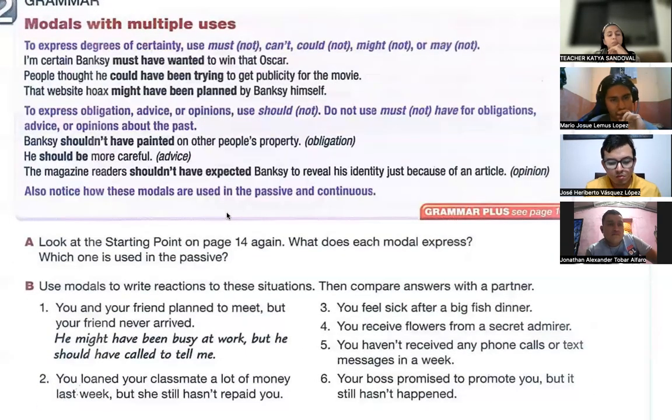And remember, what you are doing is giving a reaction about the situation. So this is the situation. What is your reaction? Who can give me another example?